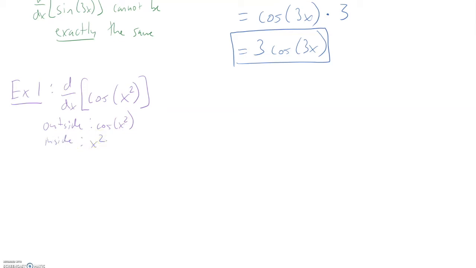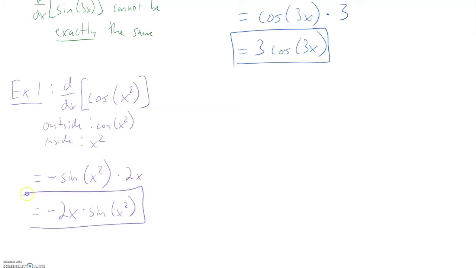So we differentiate one at a time. The derivative of the outside, cosine, becomes negative sine of x squared, times the derivative of the inside function. x squared becomes 2x, and we chain them together with multiplication. Our final result, our derivative, is negative 2x times the sine of x squared.